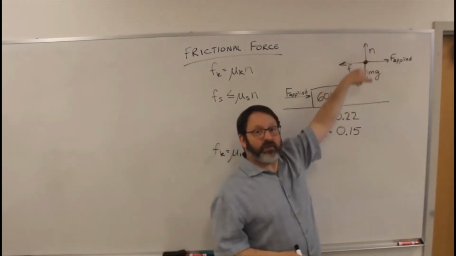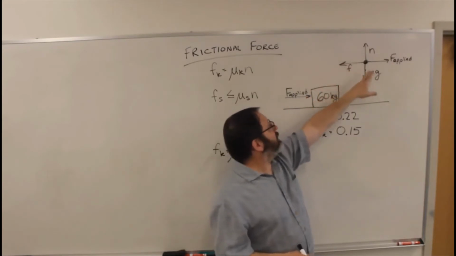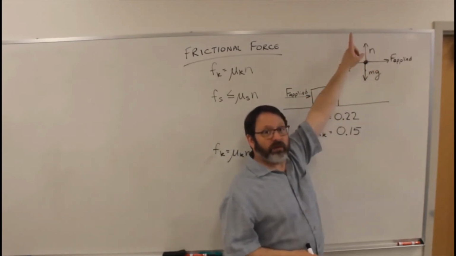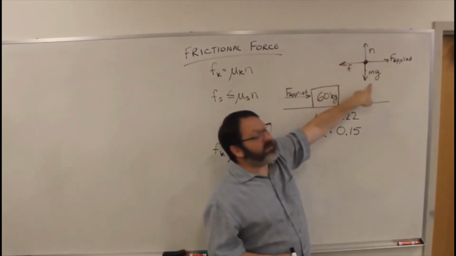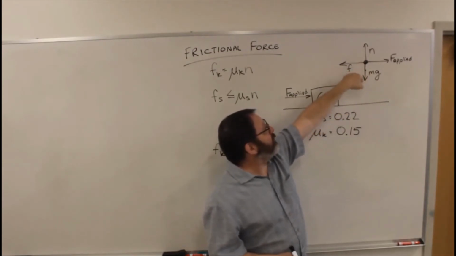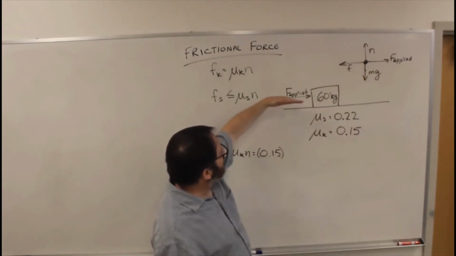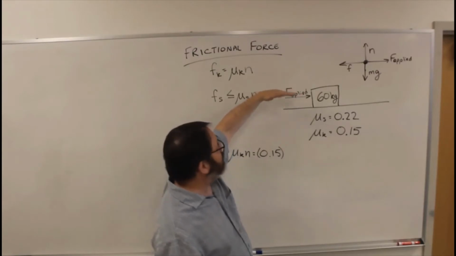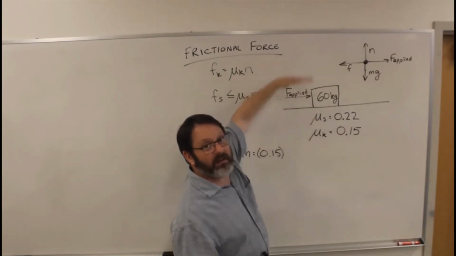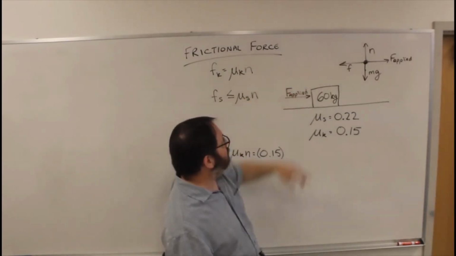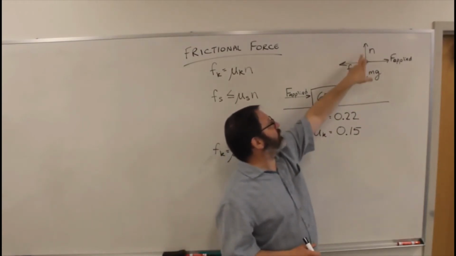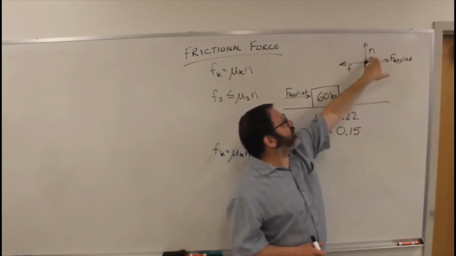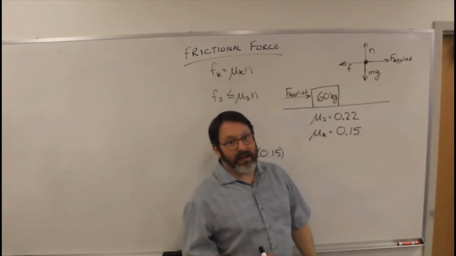The sum of forces in the vertical direction here, we've got normal force one direction, gravitational force the other direction. So if I add those two together, I should get 0 because it's not accelerating up or down. So the normal force should be mg.